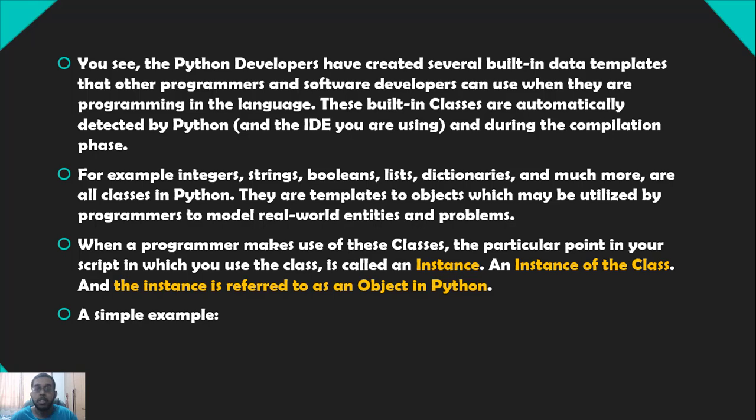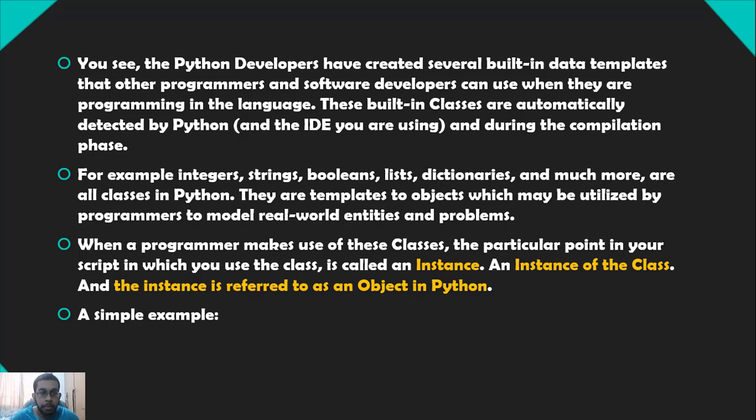They are templates to objects which may be utilized by programmers to model real world entities and problems. When a programmer makes use of these classes, the particular point in your script in which you use the class is called an instance of the class, and the instance is referred to as an object in Python.